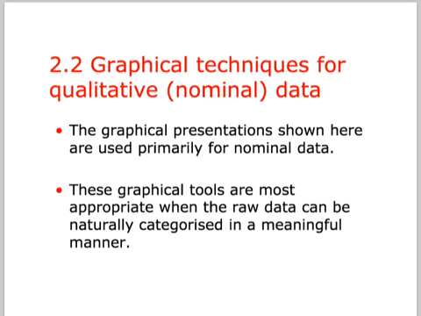Right. I think I mentioned before, we'll be looking at some graphical techniques that would be more suitable for qualitative data. We'll also be looking at some graphical techniques that will be more suitable for quantitative data. So if you have qualitative data, what should we do? Okay, what graphical techniques should we choose?